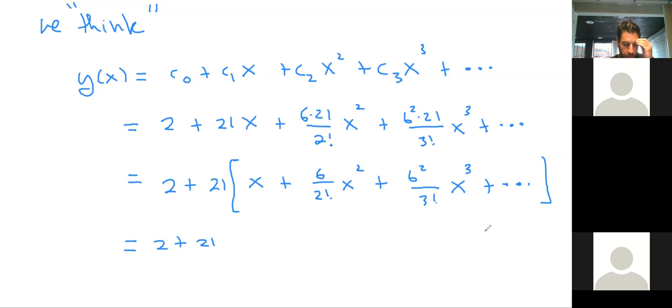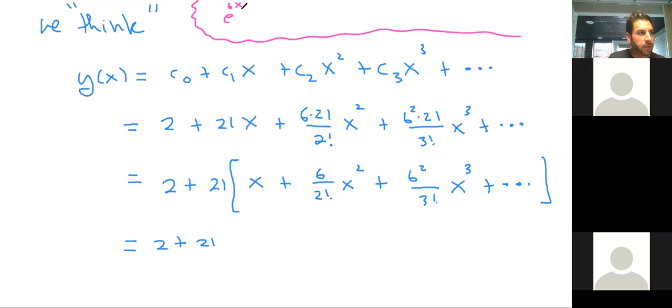So again, if you're not sure what I'm saying, get in your notes and look for the power series for e, and maybe I'll write it up top. So let's give ourselves a hint. Remember, what is e to the 6x?